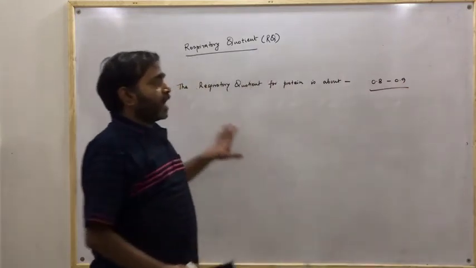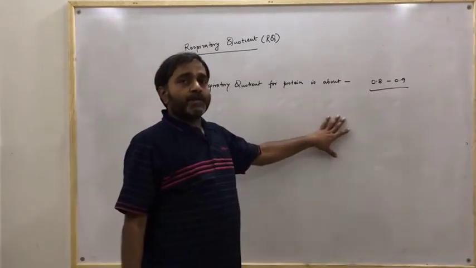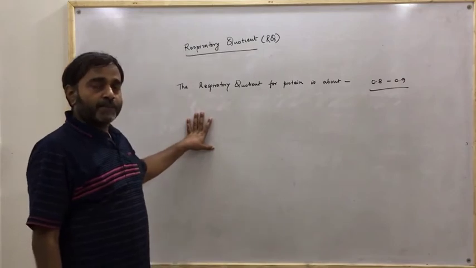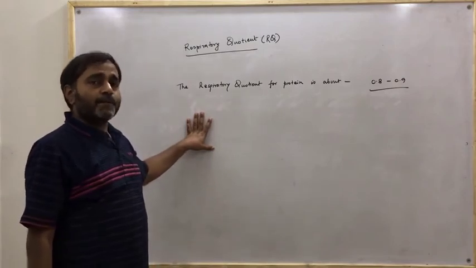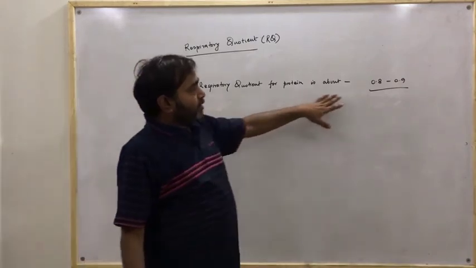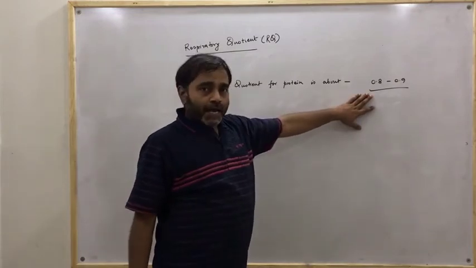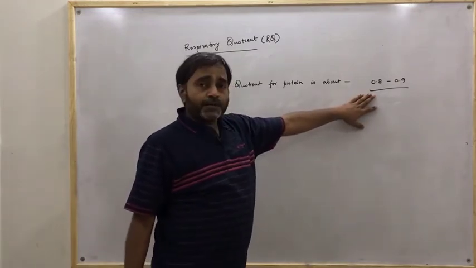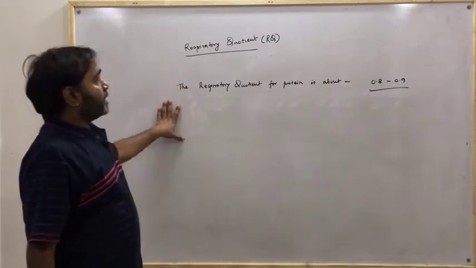So its RQ value comes in between fat and carbohydrate, because carbohydrate has the maximum RQ value. That's why the RQ value is lying in the range of 0.8 to 0.9. So it should be remembered.